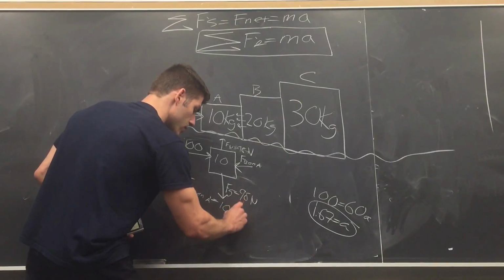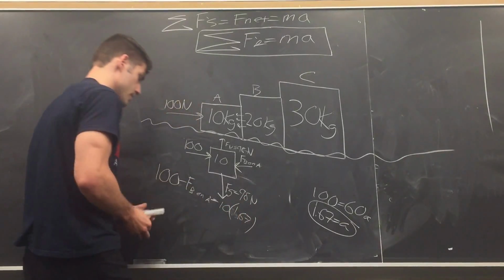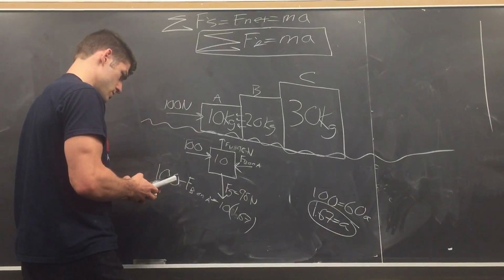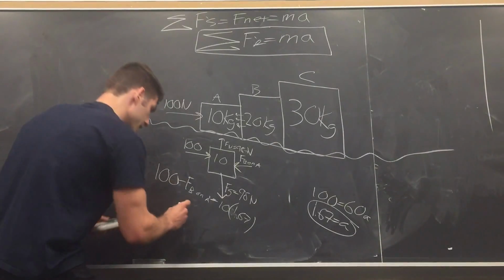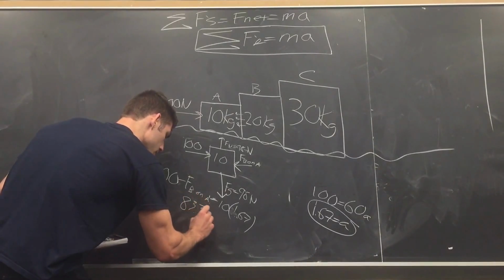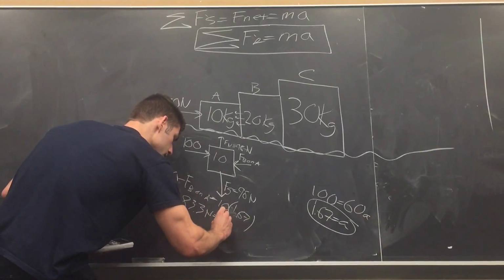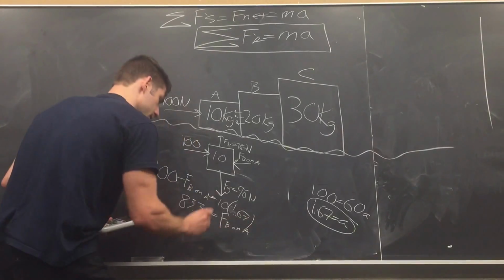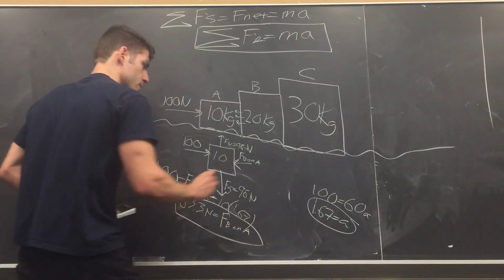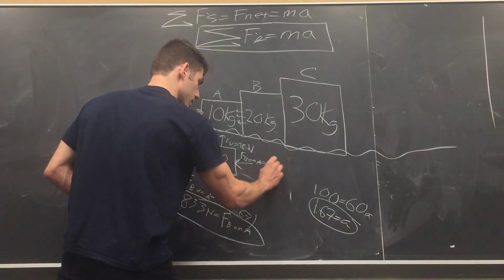So I can just write that in, 1.67. And that's 100 minus 16.7, which is 83.3 newtons, is equal to force B on A. So this is 83.3.